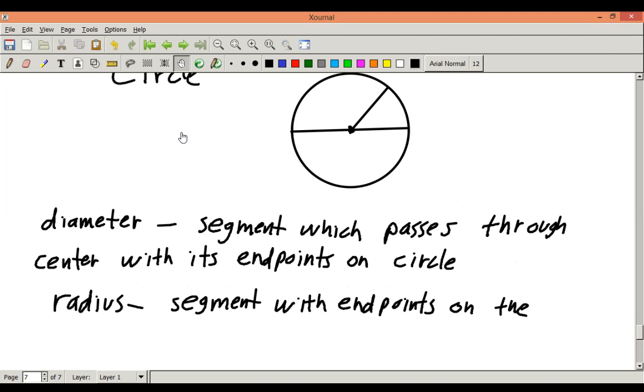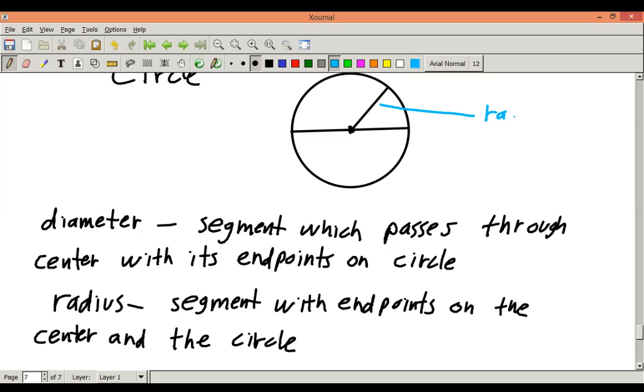Let me move that down so you can look at that at the same time. So the radius is that segment right there, endpoints on the center, and then the other endpoint on the circle. And then this one's a diameter. Where its endpoints are both on the circle, but it passes through the center.